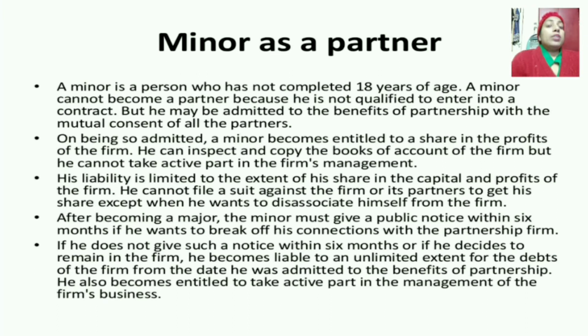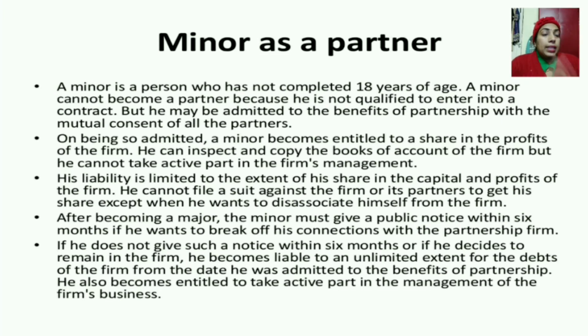On being so admitted with the mutual consent of all the partners, a minor will become entitled to share in the profits of the firm. Now he can get a part of the profit from the firm. He can inspect and copy the books of account of the firm, but he cannot take active part in the management of the firm.